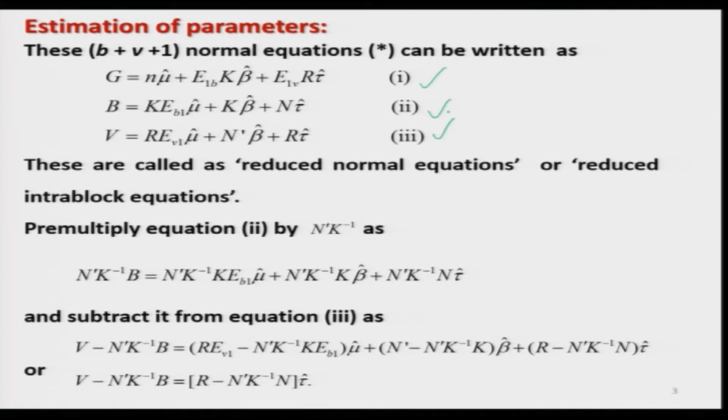Now, from these equations you have two options. You try to eliminate beta and then obtain the estimate of tau from equation number 3, or vice versa.